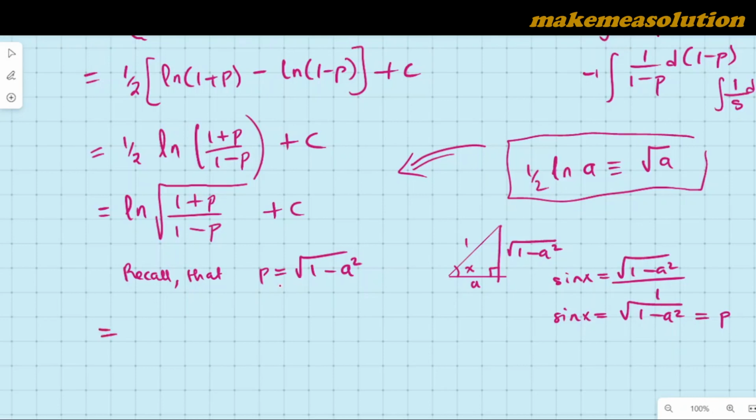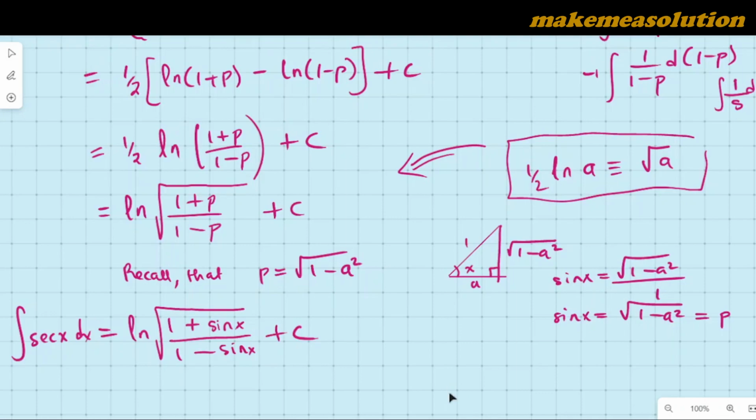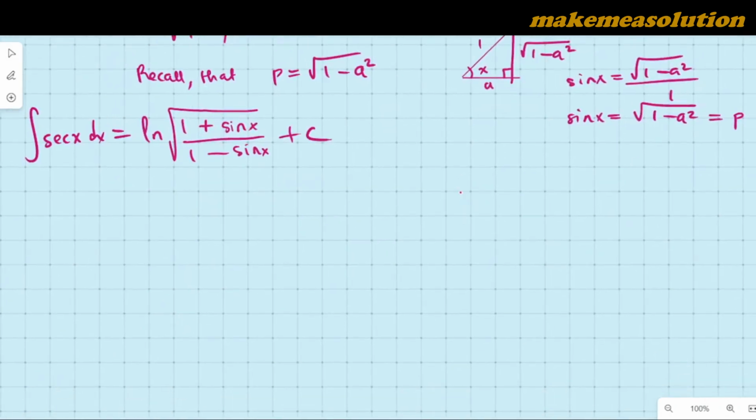So this thing is still the same thing as the integral of sec x dx. It's still the same thing as ln square root of 1 plus, anywhere I see p, I'll replace it with sine x, over 1 minus sine x plus c. Okay, so how do we proceed from this point? Now we are going to rationalize the denominator on the right hand side. This is how I'm going to do it.